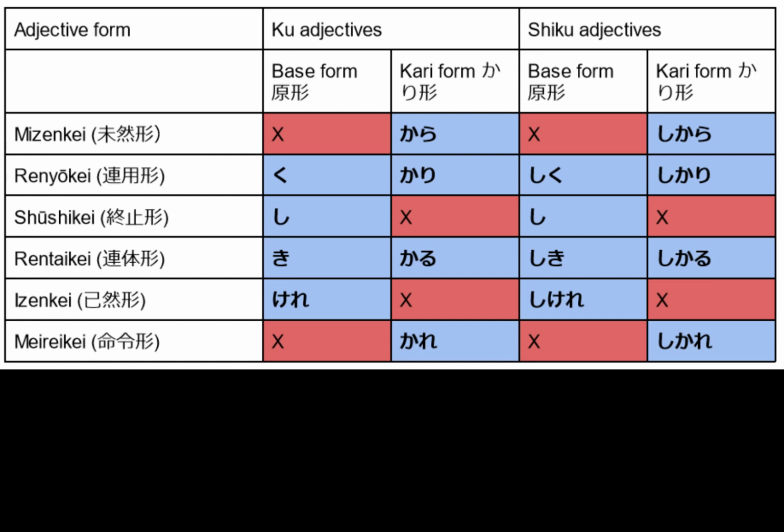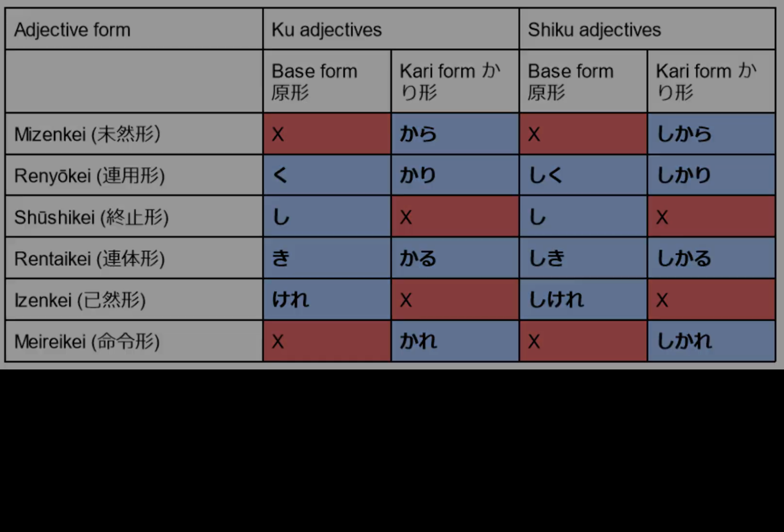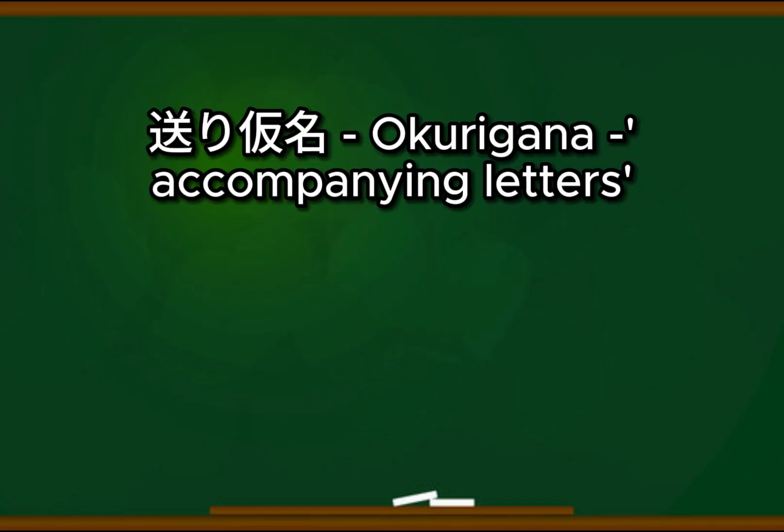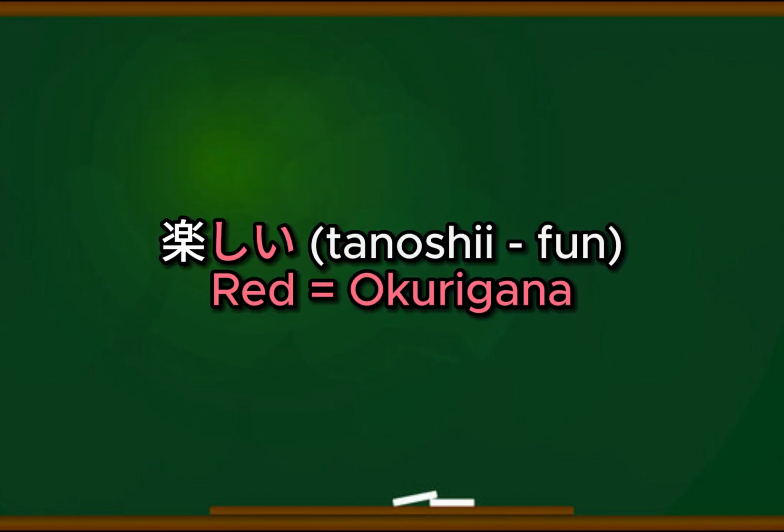In modern Japanese, the distinction between ku and shiku adjectives has been lost, but you can see remnants of the old system in the way Japanese adjectives are written, notably if you look at the okurigana. Okurigana is just the name of the hiragana that attaches to a kanji. For example, in tanoshii, the shi and i are the okurigana.